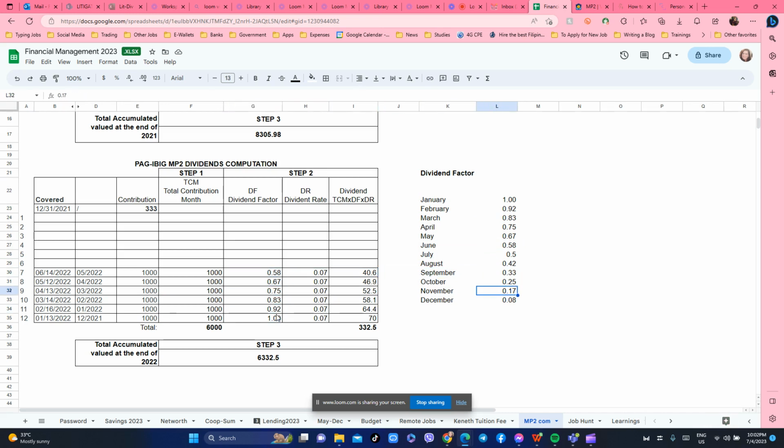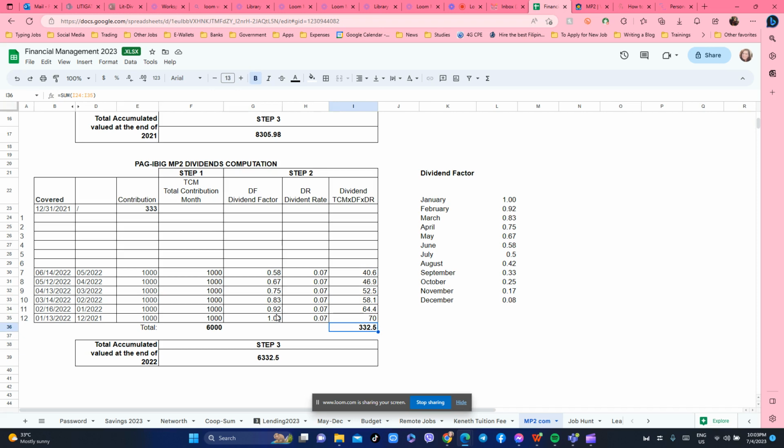The Pag-ibig announced that they will give a 7.03% interest for the year 2022. So you have this dividend rate of 0.07. If you multiply these three, your contributions per month, the dividend factor, and the dividend rate, you're gonna get these results.